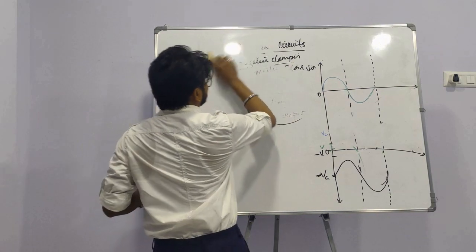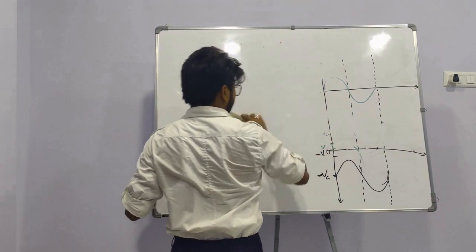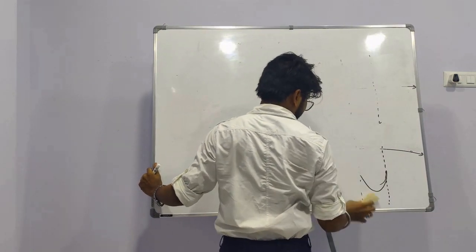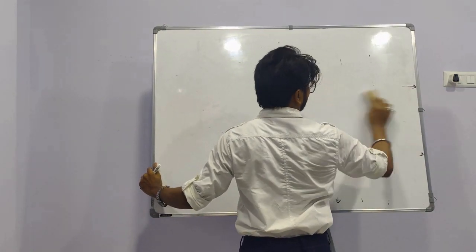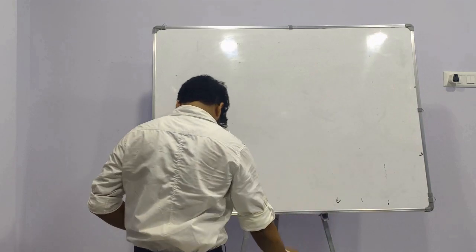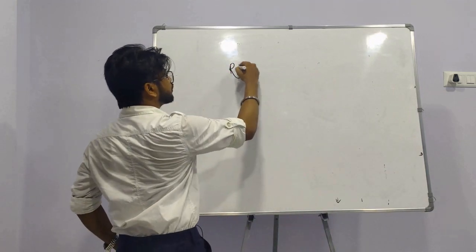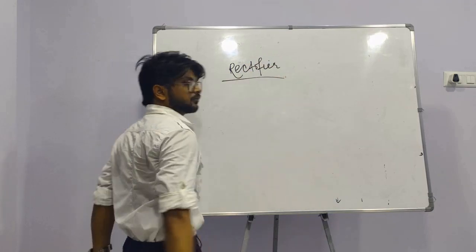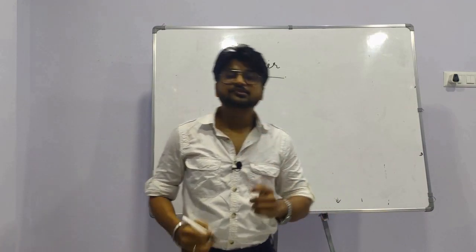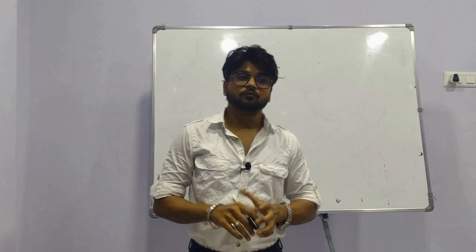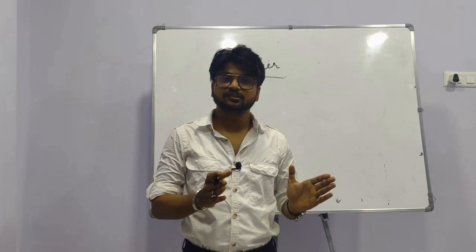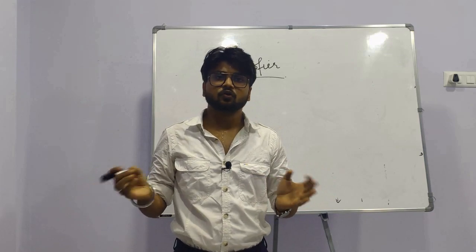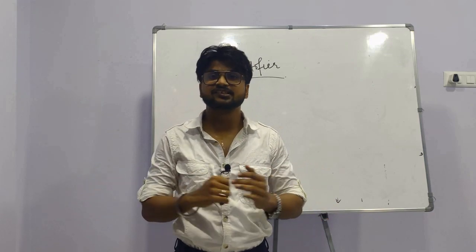rectifiers. So the clamper circuit is finished, the clipper circuit is finished. The next topic to be covered is rectifiers. So what is a rectifier? A rectifier is any circuit which converts an AC signal to any kind of fluctuating, constant or non-constant DC signal.